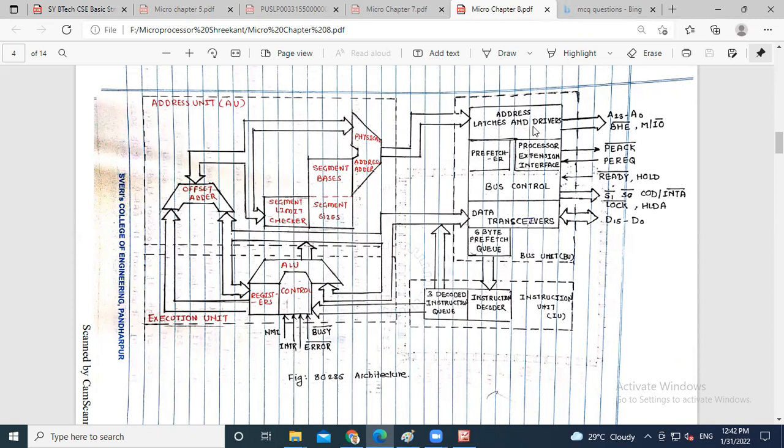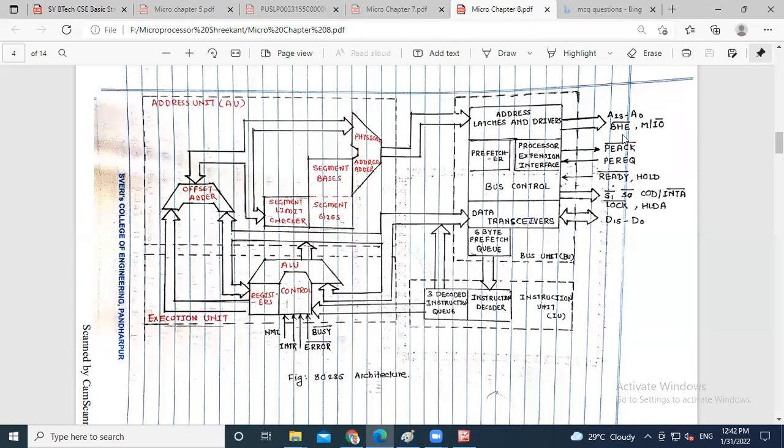The address latches and drivers give A23 to A0, totally 24 bits, right? This 80286 is 24 bits, that is A0 to A23, with the bus high enable and memory input and output.